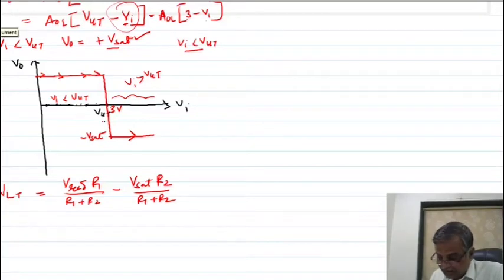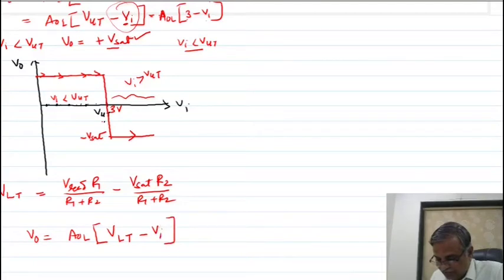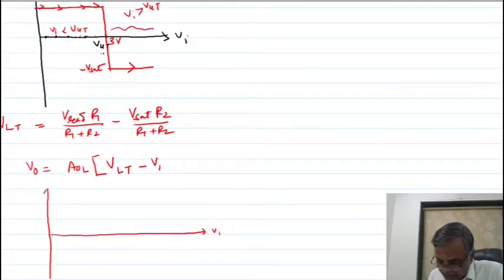Now my equation of the output voltage will be AOL times voltage at plus terminal minus input voltage at inverting terminal Vi. Let me say my VLT is this. This is my VLT. You know this is your VUT.